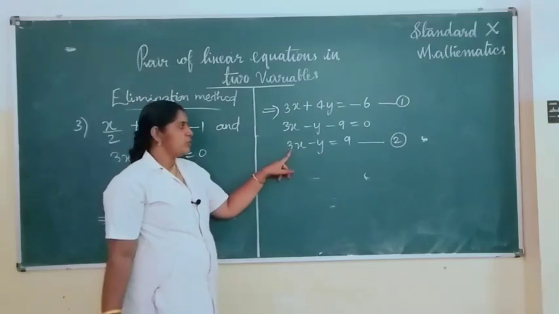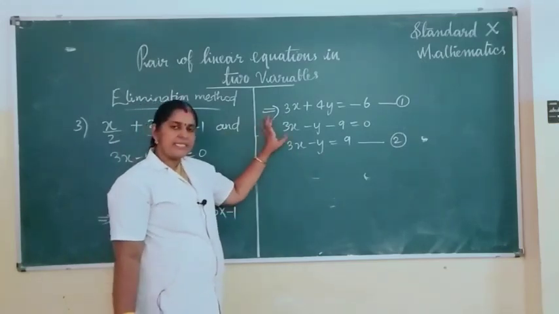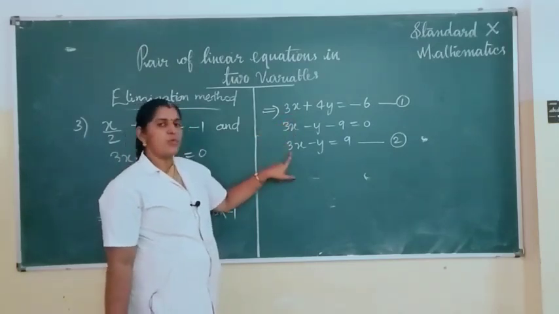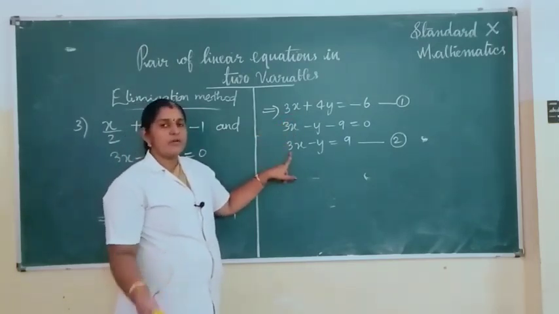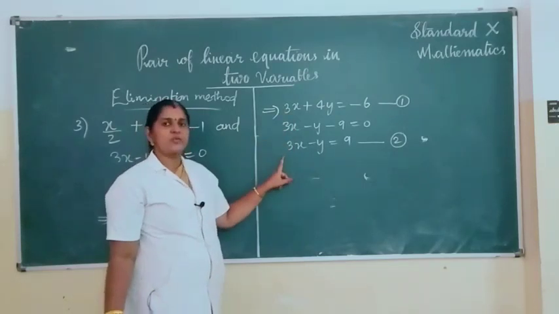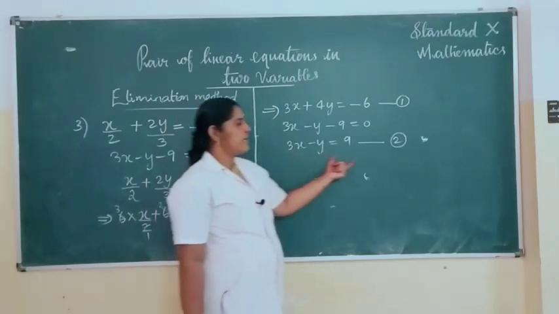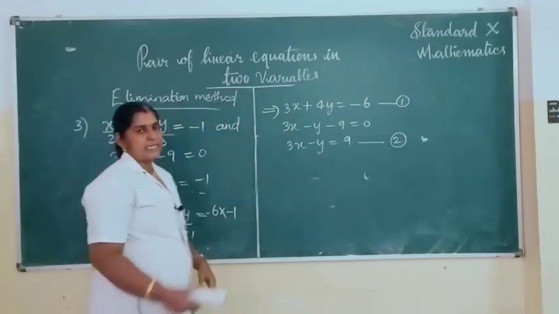And to eliminate, you know that one side needs to be plus and the other side minus. But here 3x, both are positive. So what do we want to do? We want to subtract the two equations. When you subtract the two equations, we change the sign of the second equation.